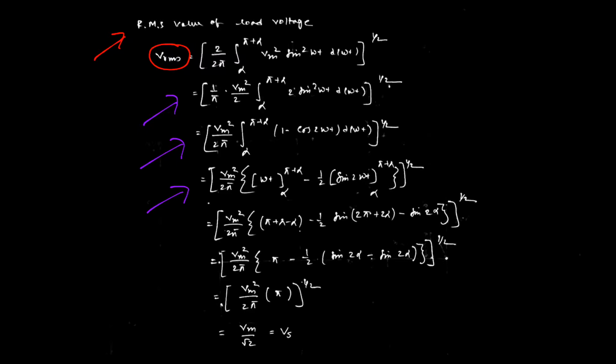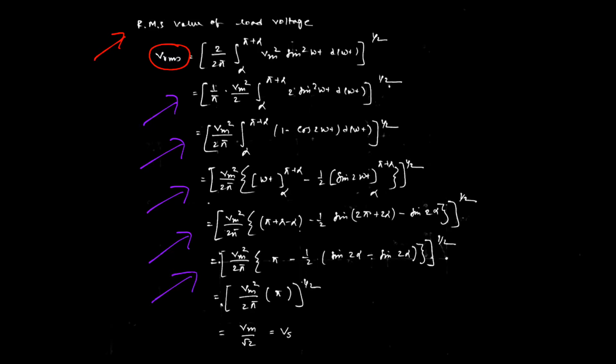So after simplification, again we have Vm square by 2 pi, considering the limit, upper limit minus lower limit, that means pi plus alpha minus alpha, minus 1 by 2 sine 2 pi plus 2 alpha minus sine 2 alpha. Okay, so after simplification we have Vm square by 2 pi, pi minus 1 by 2 sine 2 alpha minus sine 2 alpha, under root.